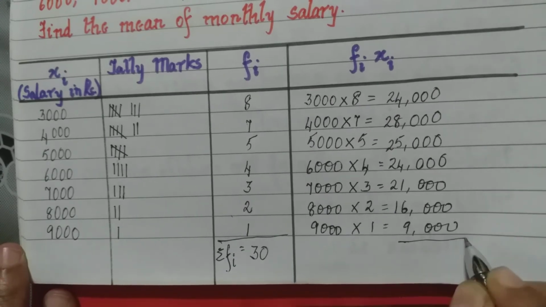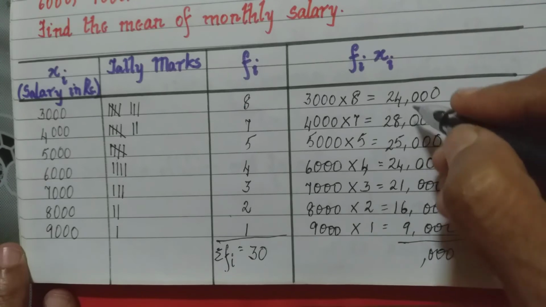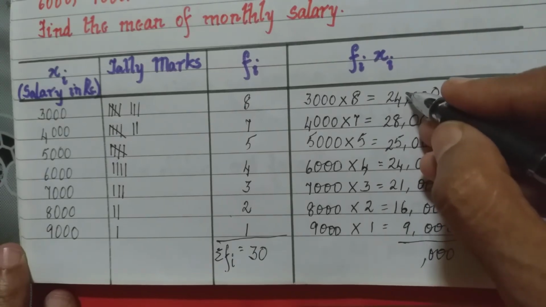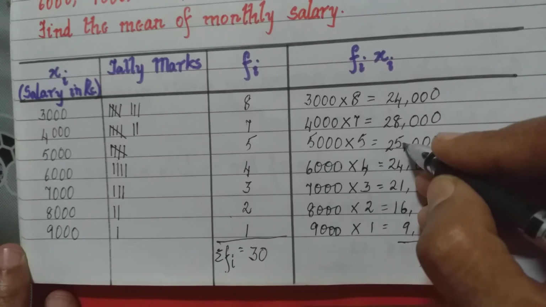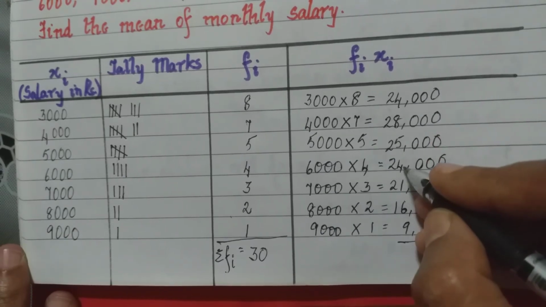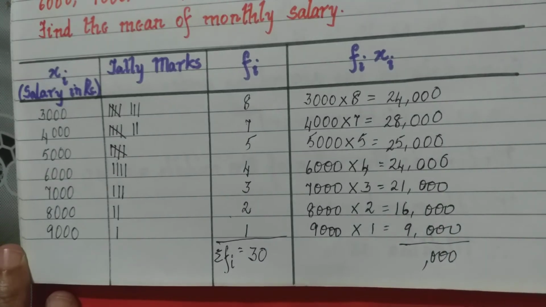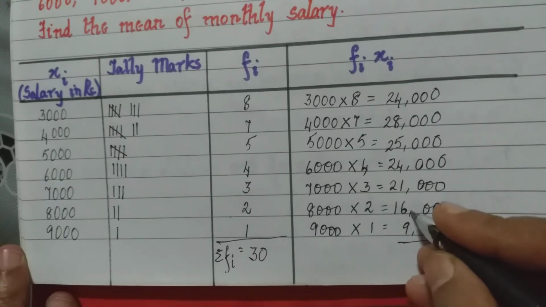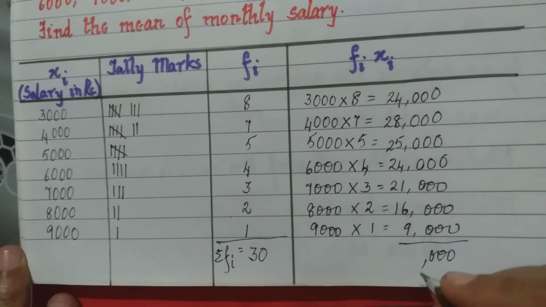Now here we add, these 3 zeros remain the same. Now we add 4 plus 8 is 12. 12 plus 5 is 17. 17 plus 4 is 21. Plus 1 is 22. 22 plus 6 is 28. 28 plus 9 is 37.